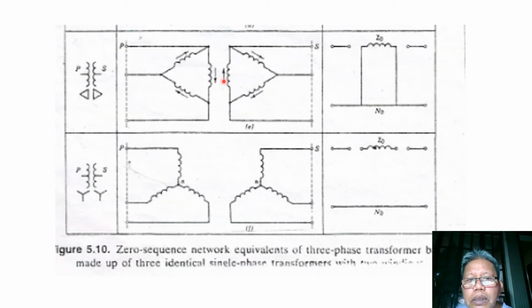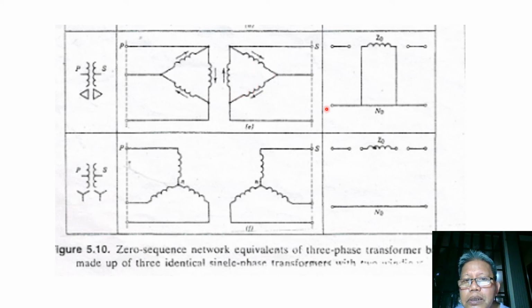Now, when we have delta-delta connection of our three-phase transformer, what happens is that zero sequence current can flow in the primary winding because we have a closed loop. Similarly at the secondary windings, we have also a closed loop delta connection. So if there is circulating current here, it will have also corresponding circulating current in the secondary.